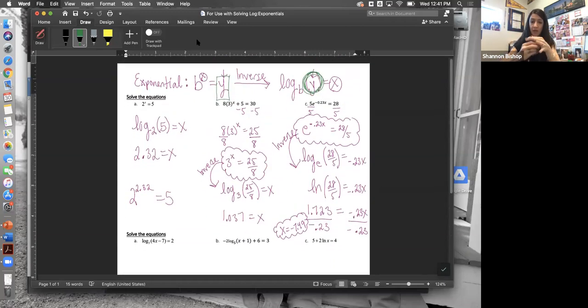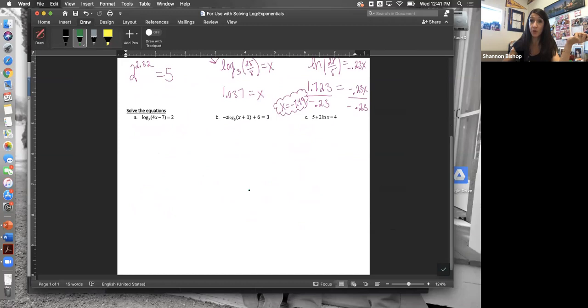The exponent is the thing out here. So the 2 is the exponent. Okay, and what's the result in the logarithmic statement? It's that thing in parentheses. So the 4x minus 7 is the result.